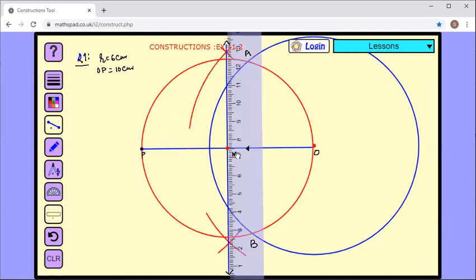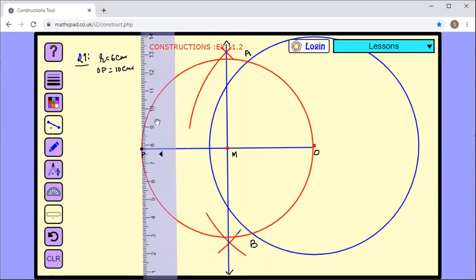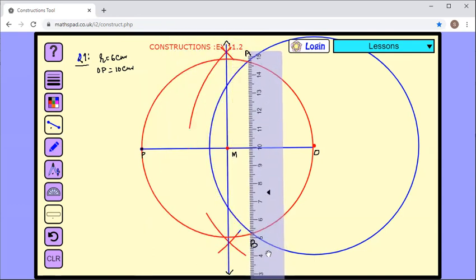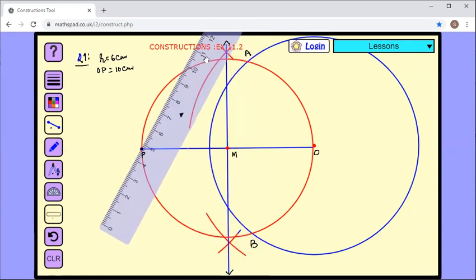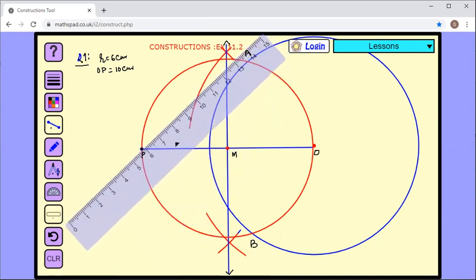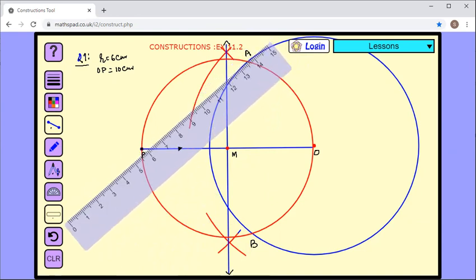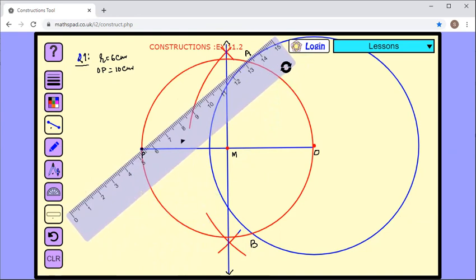Better to do it using scale. You should be very accurate, otherwise your construction will go wrong.